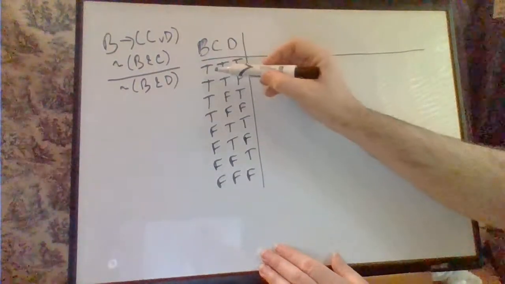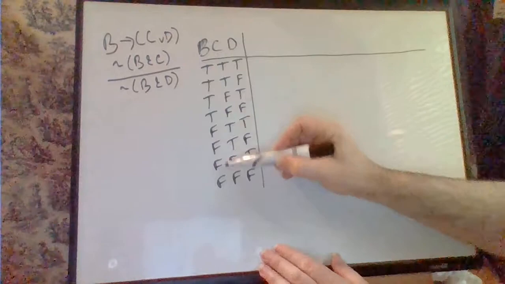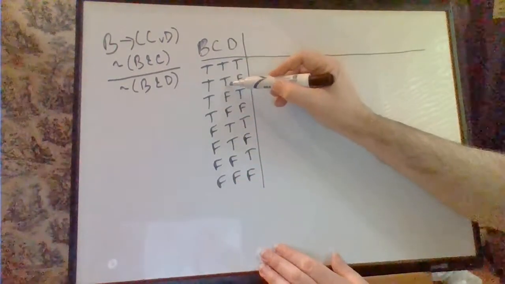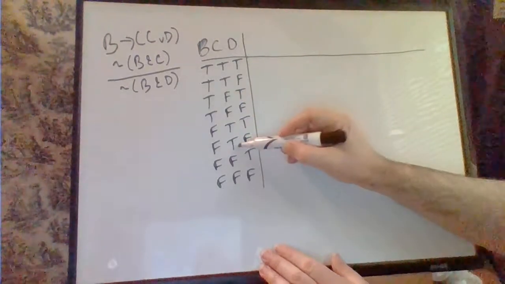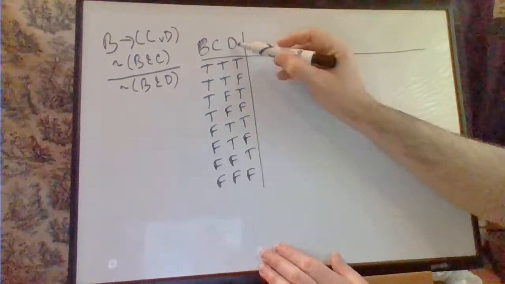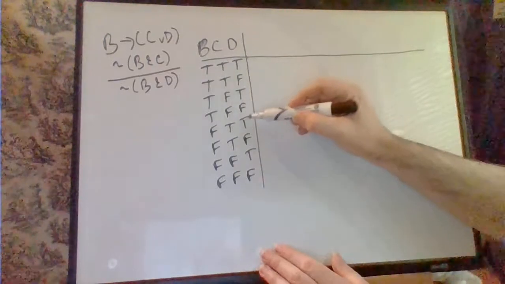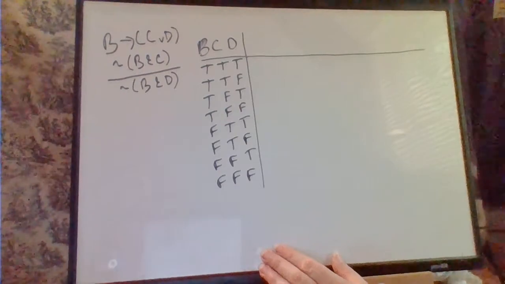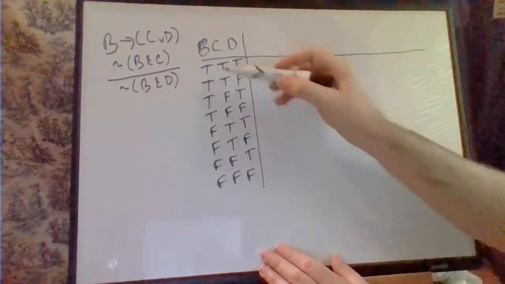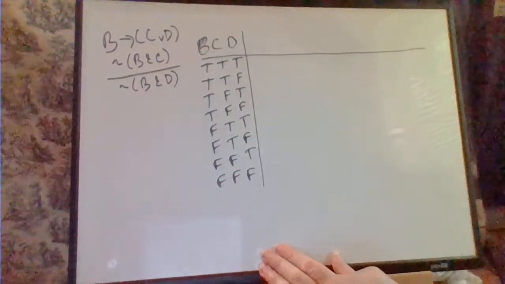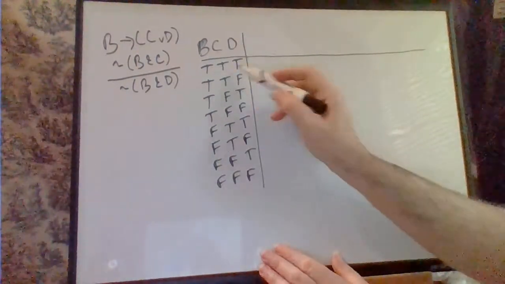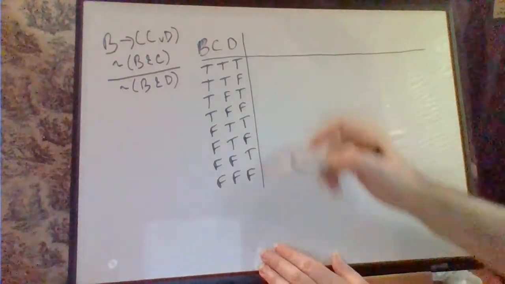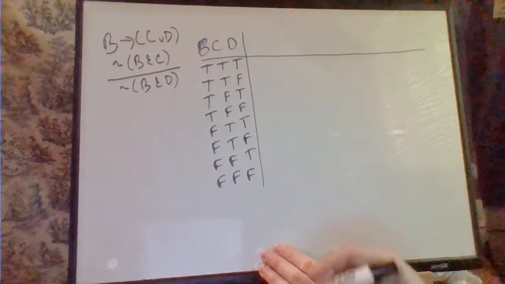See here in the first column, you have 4 trues followed by 4 falses. The second column, 2 trues, 2 falses, 2 trues, 2 falses. And in the final column, true, false, true, false, true, false, true, false. So it probably would have been a lot easier if you needed to memorize it, to have remembered it in terms of the columns like that, where there's a nice, neat pattern, rather than to have to just kind of memorize that whole big blob like that. But in any event, that's what it looks like when you have an 8-line truth table.